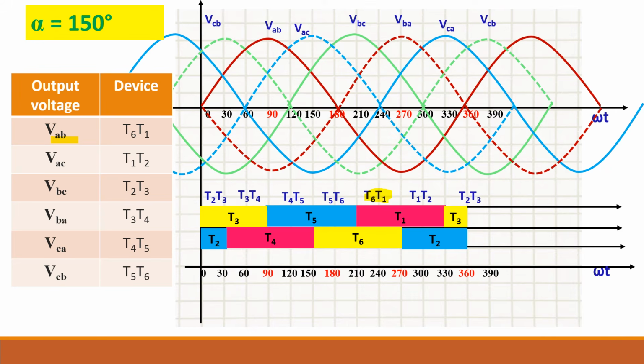So where does it start? It starts at 210. So your waveform will start here and it follows till this point. Then again this point. So this is your output waveform. So if you know this table, you follow that line voltage waveform, you will get the output voltage waveform. Hope you have understood this one.